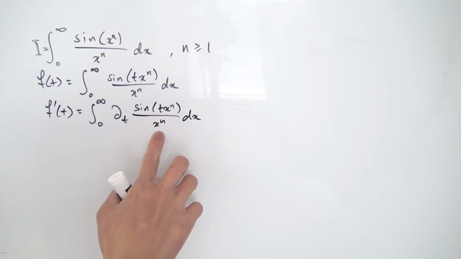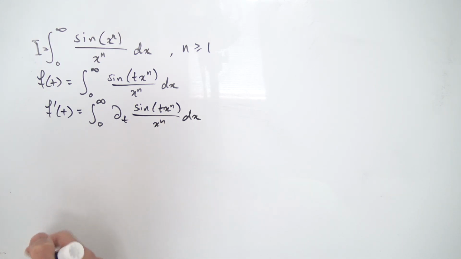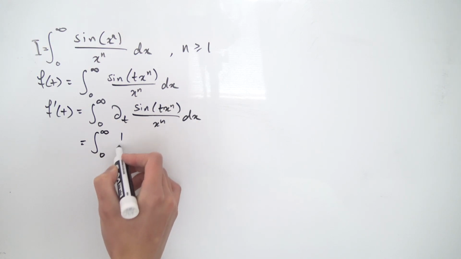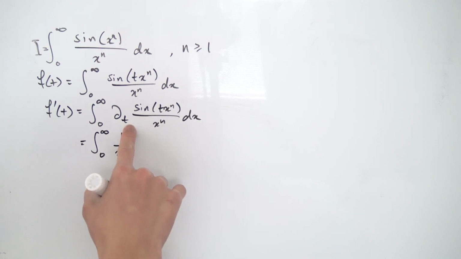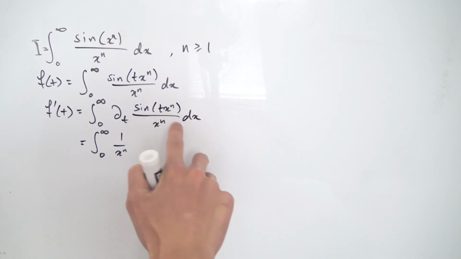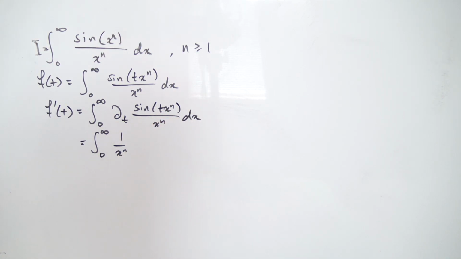Notice that 1 over x^n is just a constant in terms of t, so that can come outside of the differential operator. So now we have the integral from 0 to infinity of 1 over x^n times the partial derivative of sin(t x^n) with respect to t. That's nothing too hard to deal with because t is our variable and x^n is our constant multiple of t.